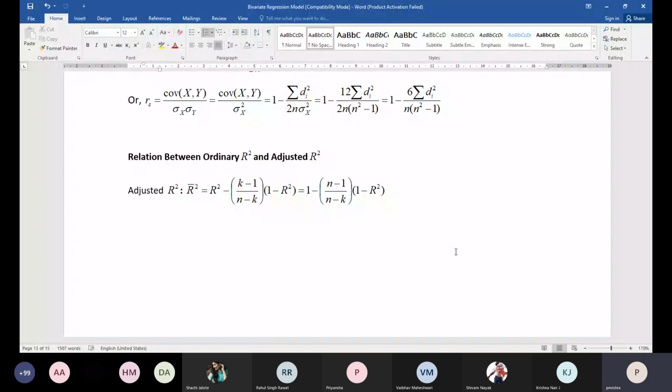But at the same time, the OLS estimators would be biased, because when I'm leaving aside some important variables, those variables will be captured by the random disturbance term. And in the process, what will happen? The random disturbance term will not be purely random.